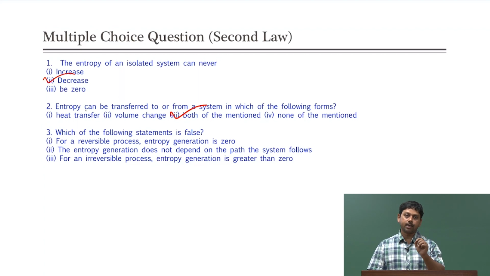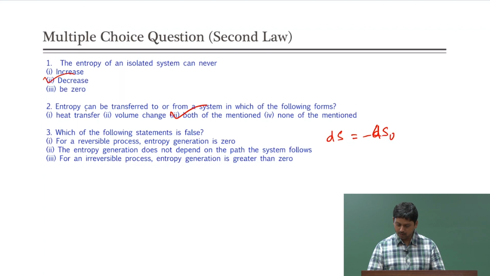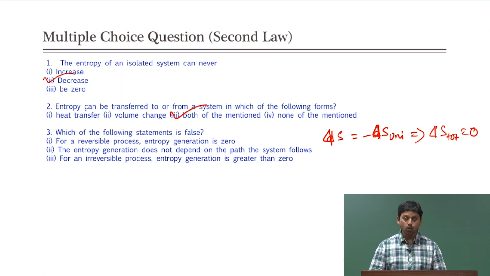Now, in a Carnot cycle, if it is done in a reversible manner, the change in the entropy of the system is equal to the negative of the change in the entropy of the universe. So, we should write the question as: for a reversible process, total entropy change will be 0. So, this is true, given that we are talking about total entropy.